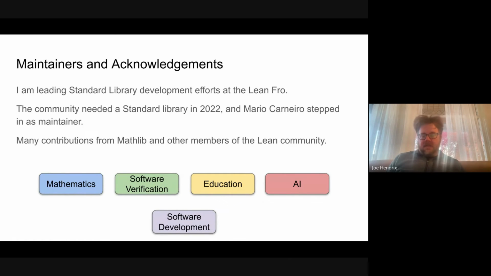A lot of it does pull from Mathlib, so it doesn't exist independent of Mathlib, in the sense that it's getting contributions that have been tested in Mathlib and found to be useful. But we want to target all the different potential disciplines and people interested in Lean.